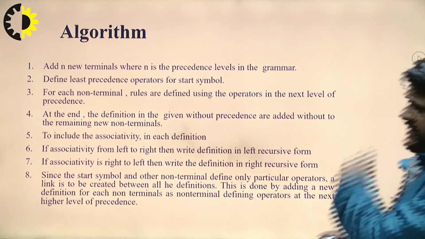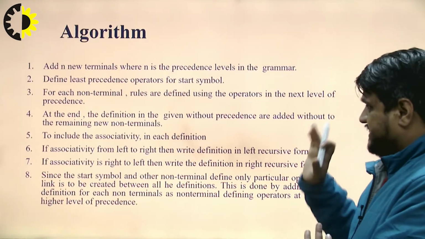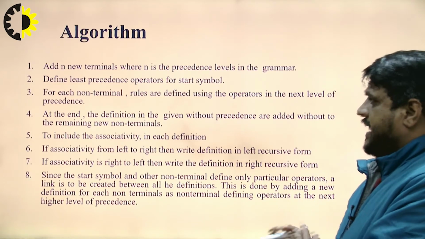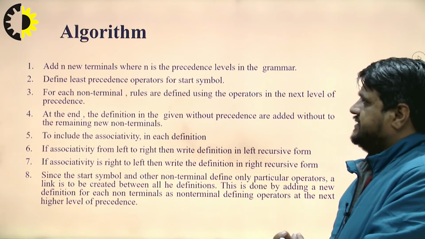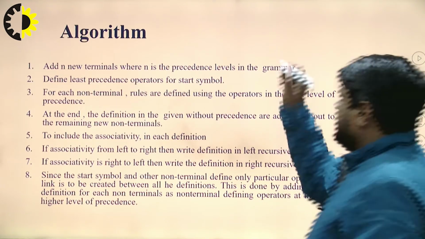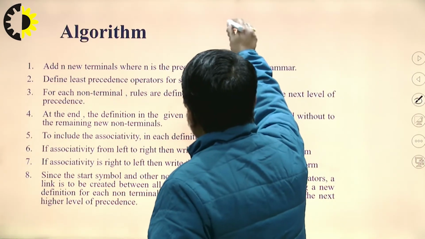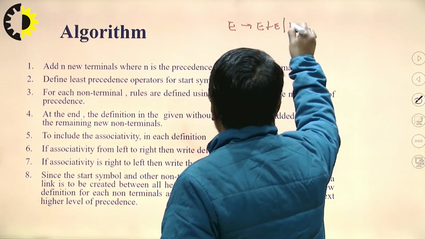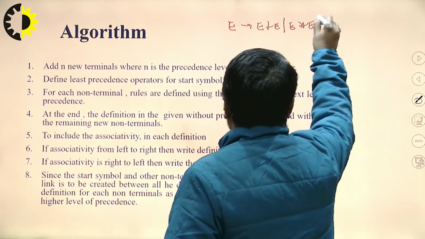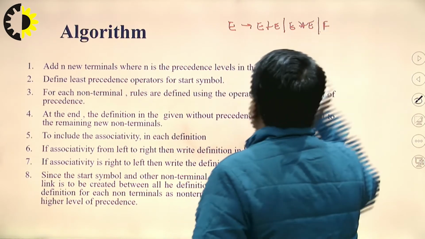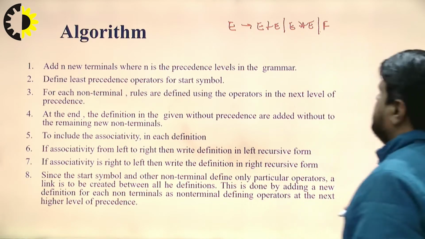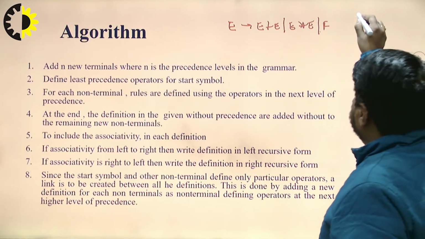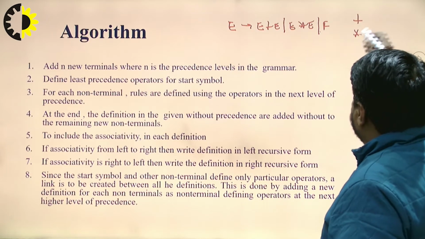In short, I have written this particular algorithm. You can see it is a direct method to solve it. Basically, add n new non-terminals, where n is the precedence level in the grammar. Think about this particular grammar, E tends to E plus E, or E multiply E, or F. How many precedence levels are there? First is plus, then multiply, from lower to higher.